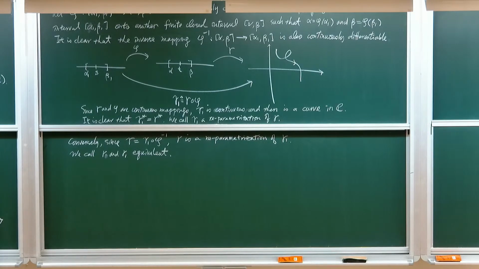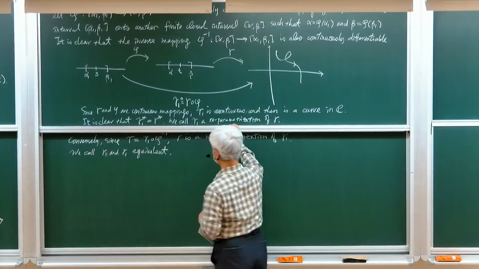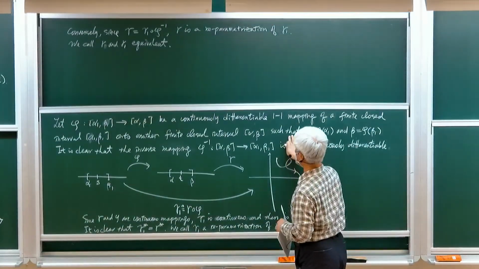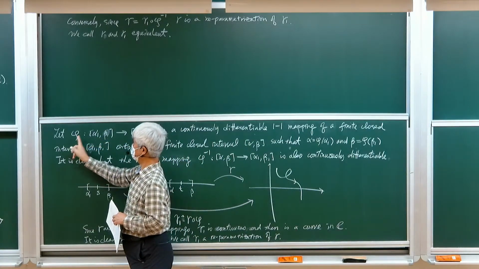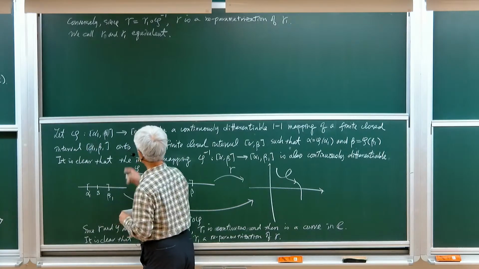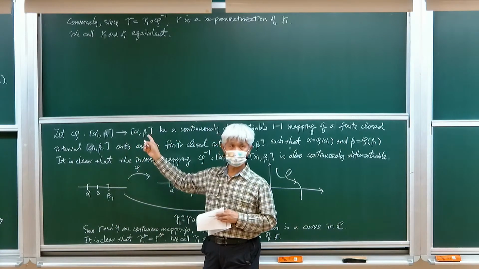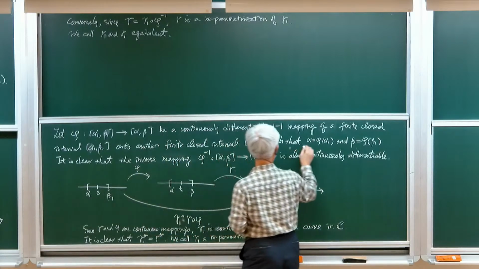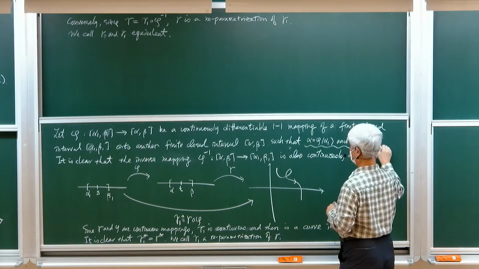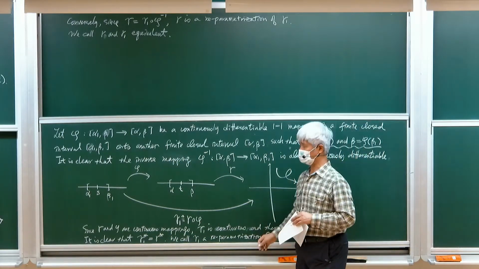So not only do they have the same image, but also the same orientation. And the reason, which is very important, is that this mapping phi preserves order. So the orientation is preserved.